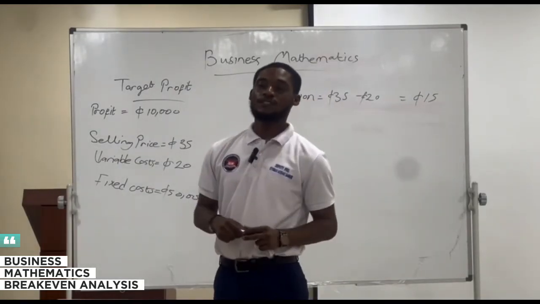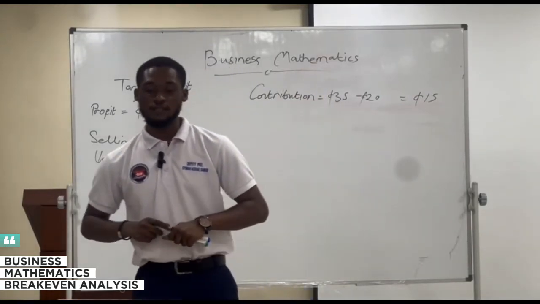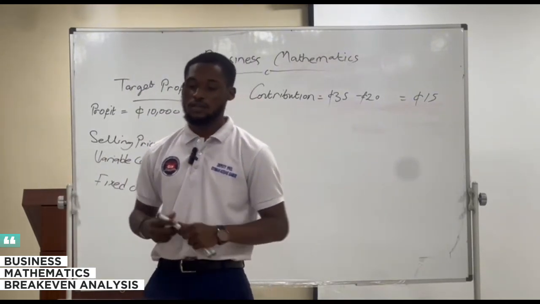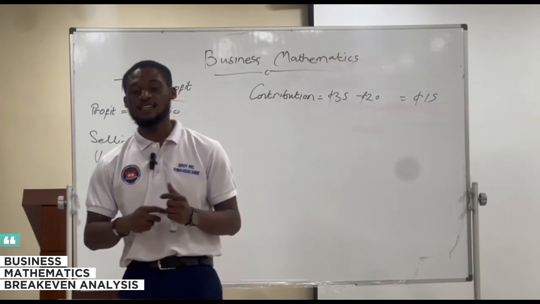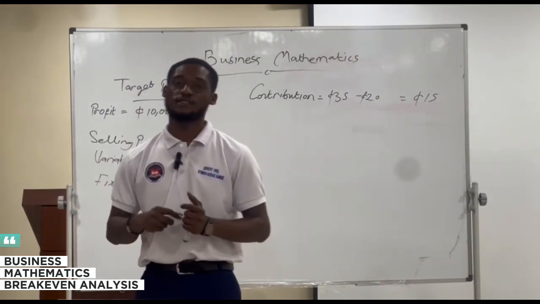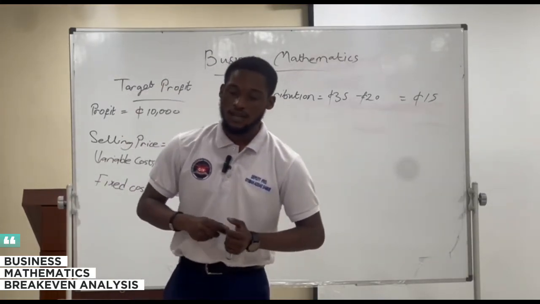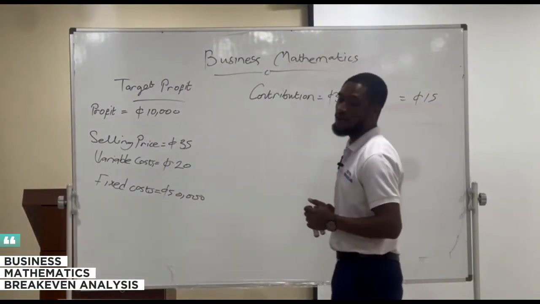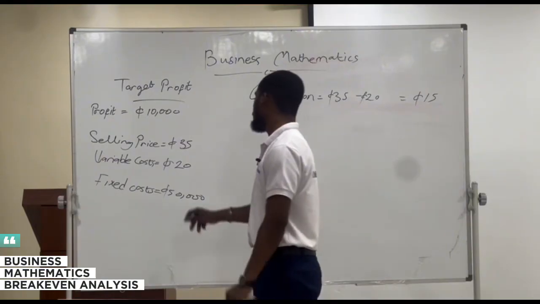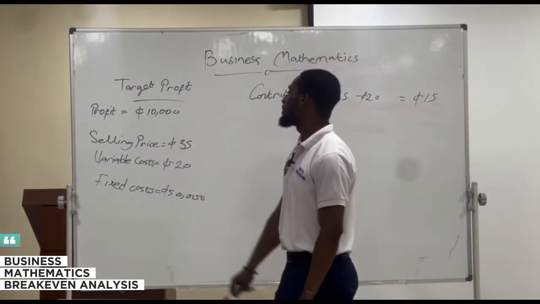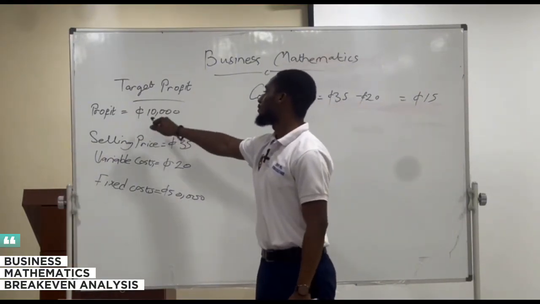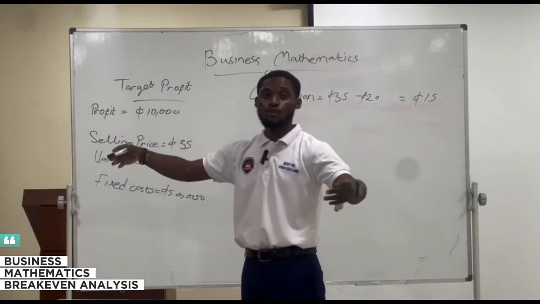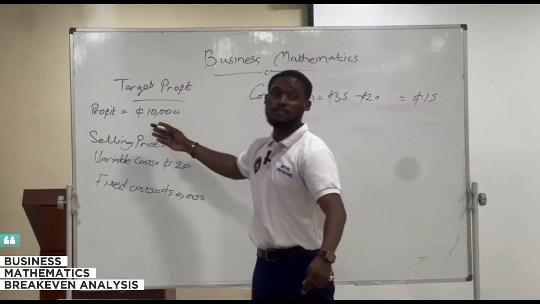Now, level of sales required to generate profit of 10,000. How then do we calculate for this? Such a need must be treated as a fixed cost. So now we have a fixed cost of 50,000 and we've been given a profit of 10,000 in the question. So what then do we do? We can't just throw away the 10,000.